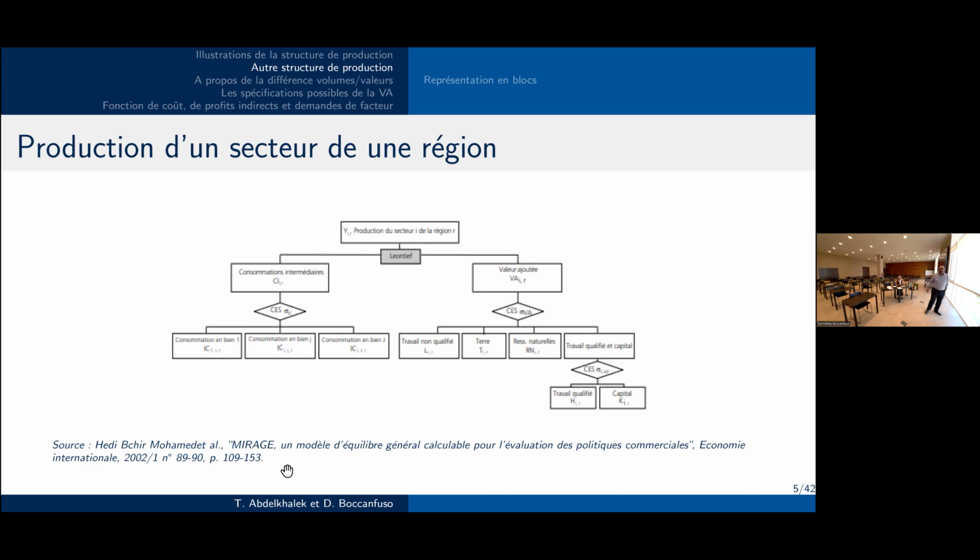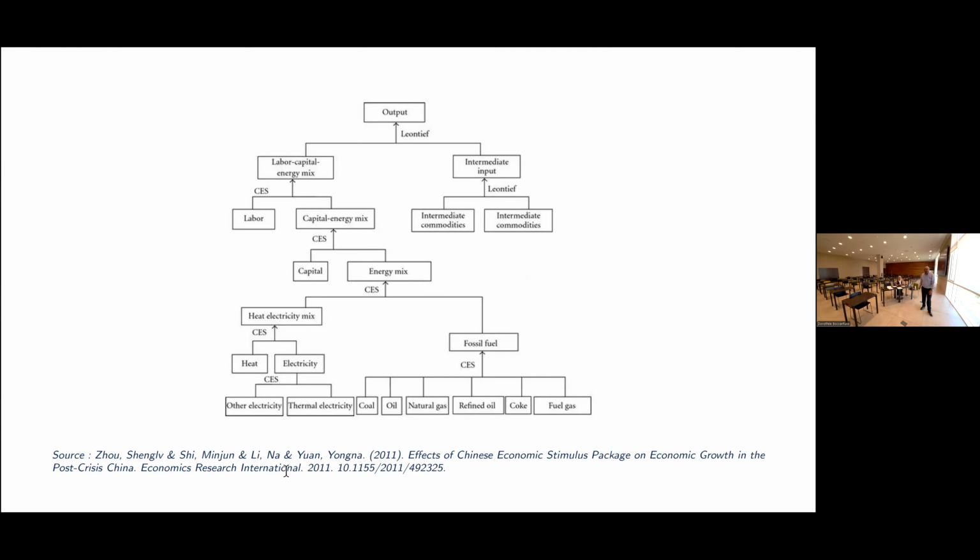This is the structure of production of the MIRAGE model from France. This is another example, like the question we had at the end of the previous session, where we have to model many fossil fuels, heat, electricity. This is a structure coming from, I think, a Chinese model.